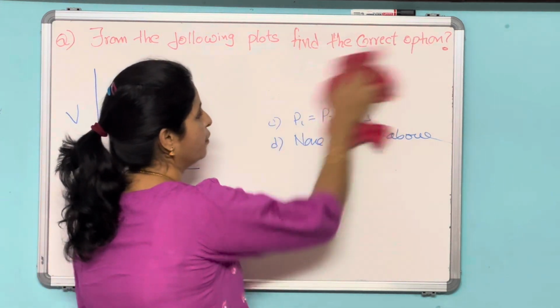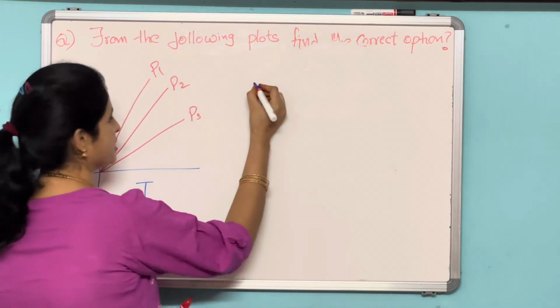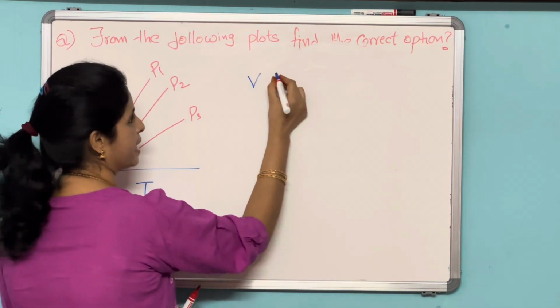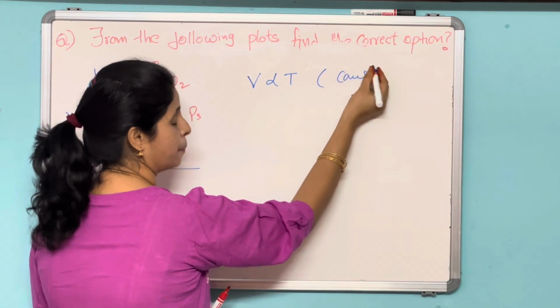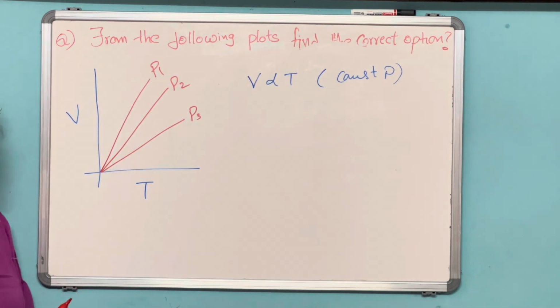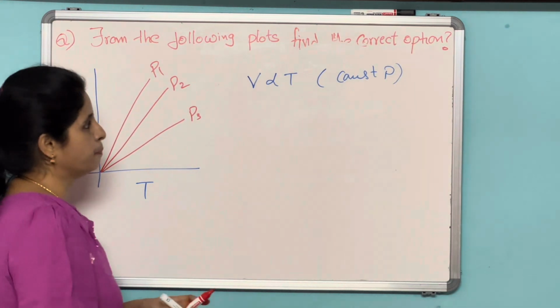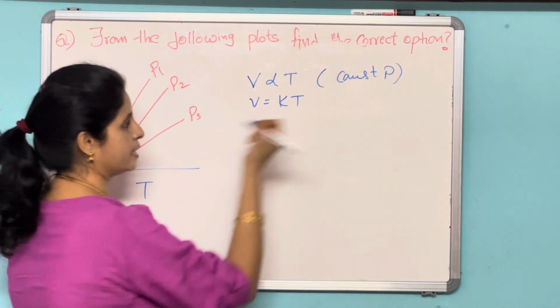Now we have to write the Charles' law equation. Volume is directly proportional to temperature at a constant P and for a given amount of gas, meaning n is also constant. Here the proportionality is replaced by a constant K.